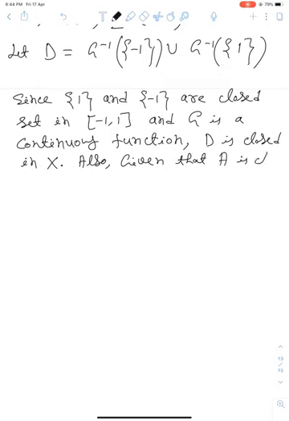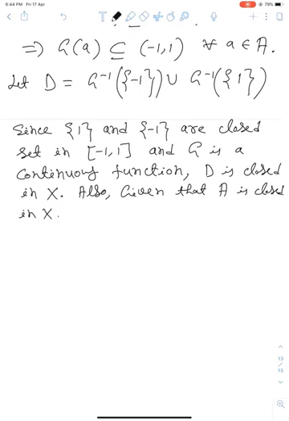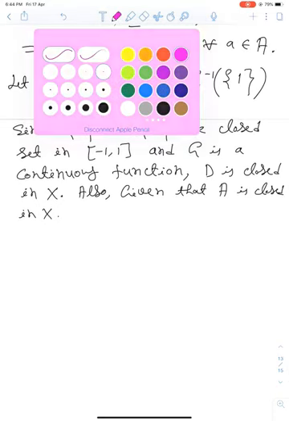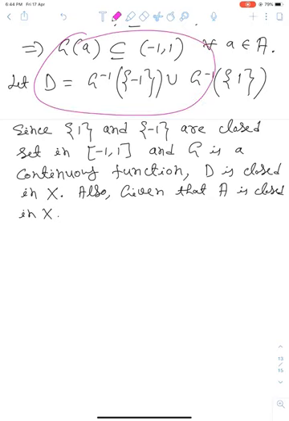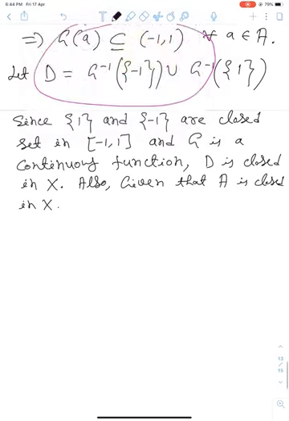Now also given that A is closed in X, right? So A is a closed set in X and D is a closed set in X. Now from this, we can also say that A intersection D is empty. Why?